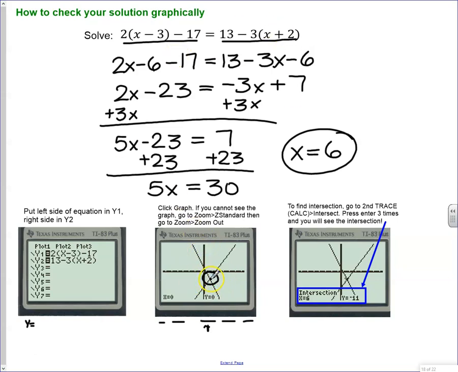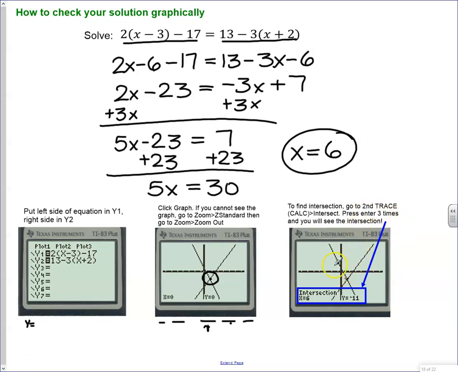So sometimes you can just tell where it is, like you can actually count the spaces, but this one is a little harder to tell. So you can go to second of the trace option. Trace is this button right here. So you push second and trace, and that's the calculate area, and we're going to choose the intersect.